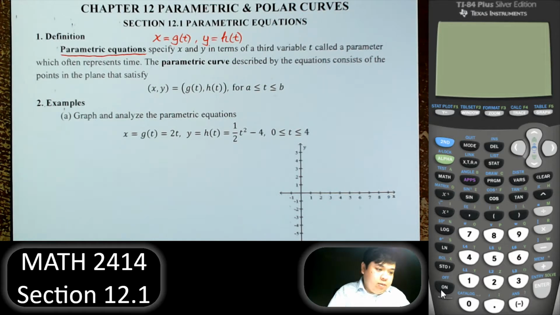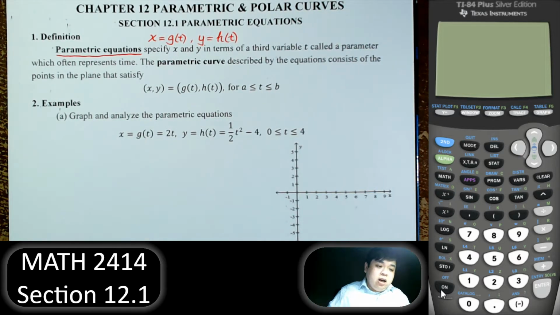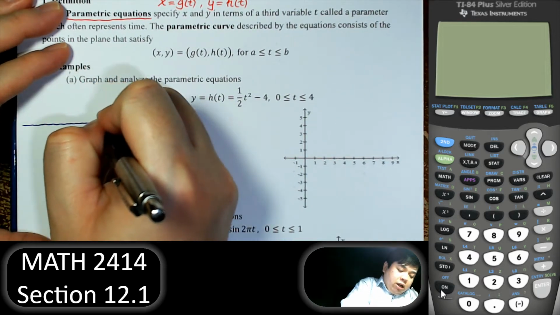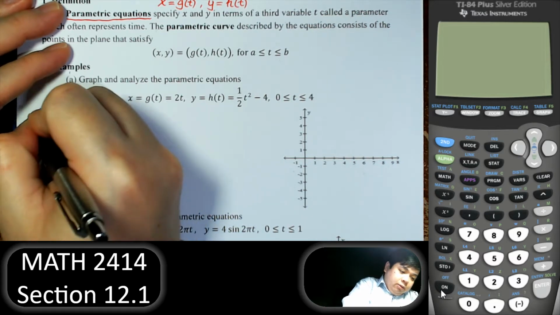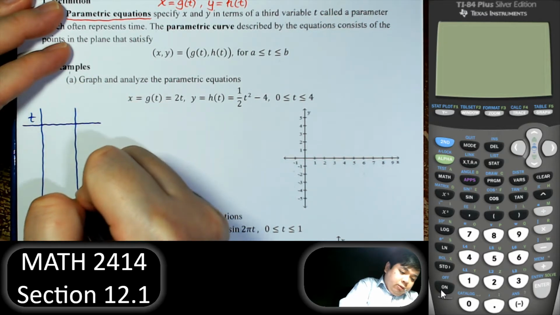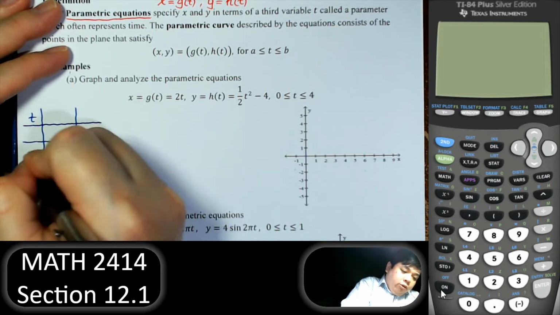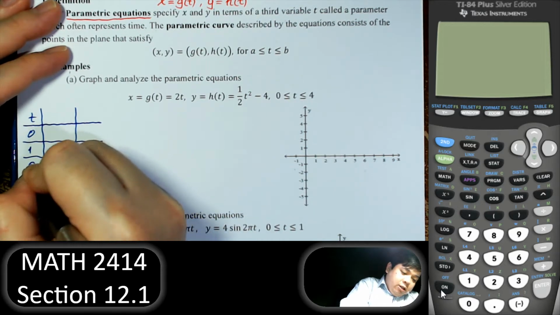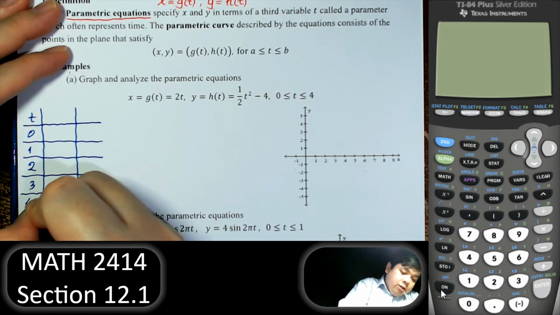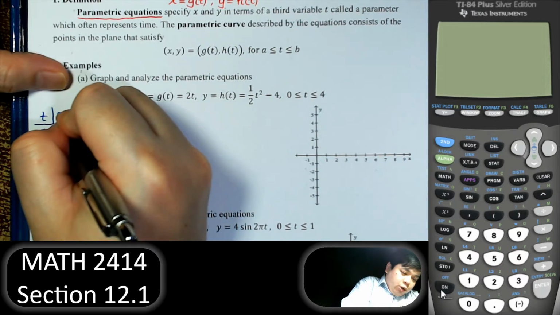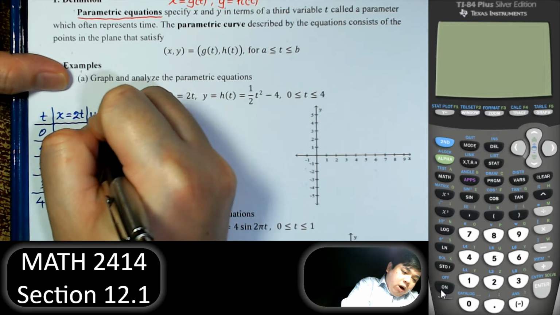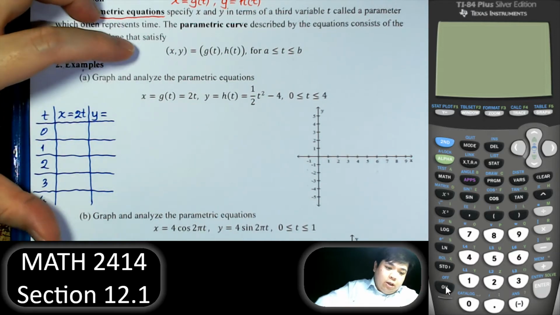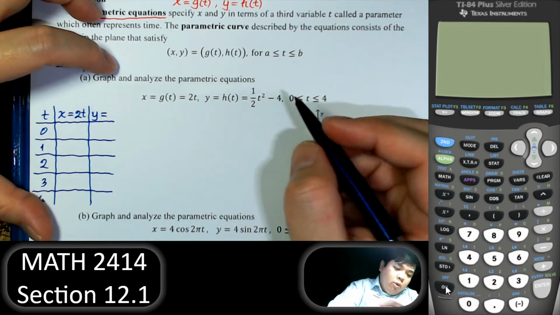Right. So now, first let's graph and analyze this parametric equation. It should be easy. Just make a little table for x and y. t goes from 0 to 4, and x equals 2t, and y equals 1/2 t squared minus 4.